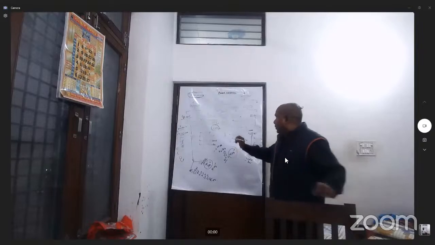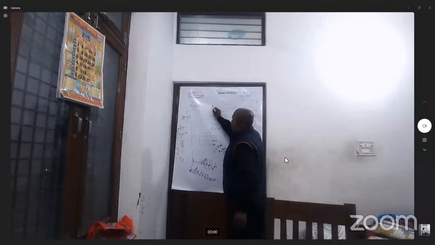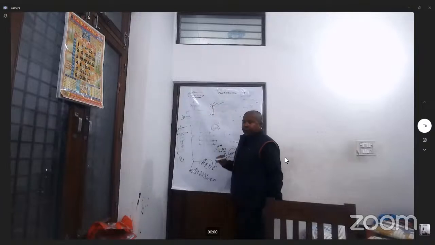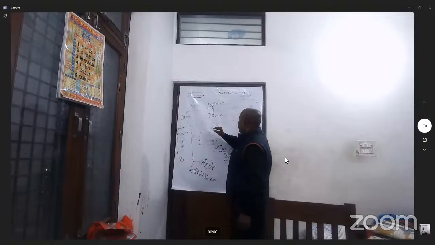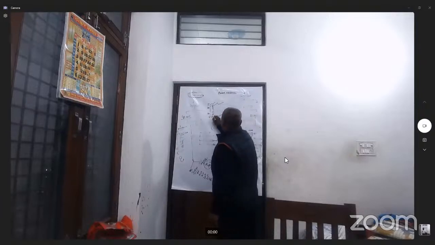In that 75 angstrom, this is the protein, this is the lipid bilayer, and this is the protein. Fine. So the lipid is 40 angstrom and the protein has up to 35.